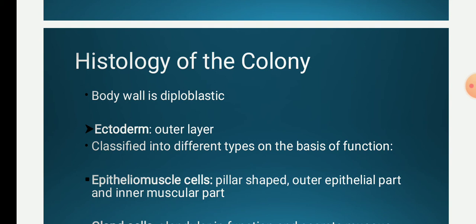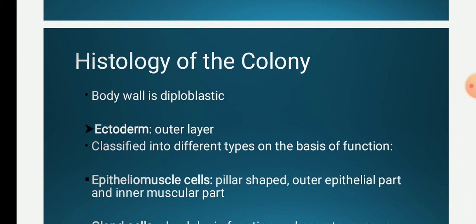Ectoderm, that is the outer layer, is formed by a single row of cells. These cells are doing different functions, and on the basis of their function they are further classified into epitheliomuscle cell, gland cell, nerve cell, sensory cell, interstitial cell and nidoblast.